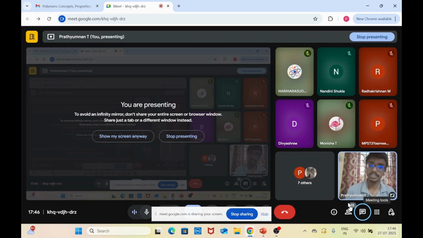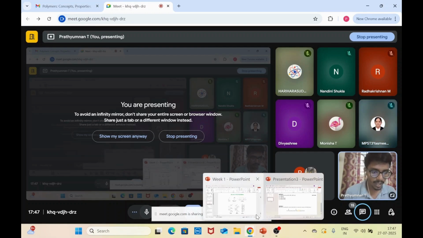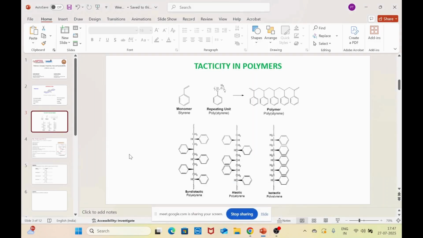Yeah, graft polymerization, yes, that's a very good example. So can anyone tell me what happens in the case of step polymerization or free radical polymerization? How does this polymerization happen?